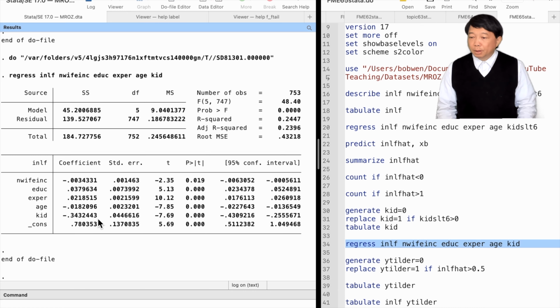It means compared to the married women without children under 6 years old, those having a child under 6 are 34% less likely to take part in the labor force, holding other factors fixed. The estimates for the other explanatory variables in the model do not change substantially.